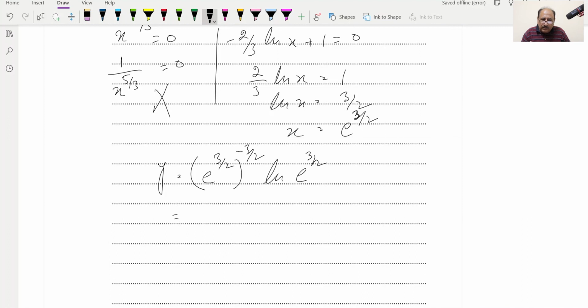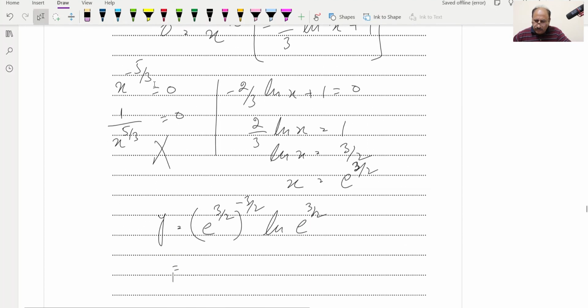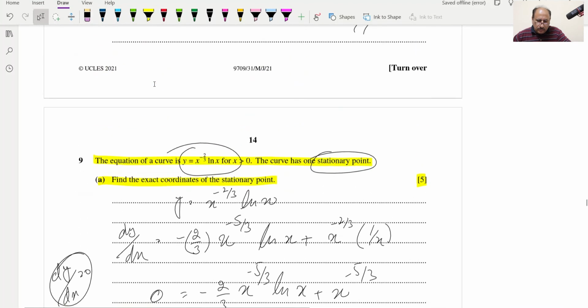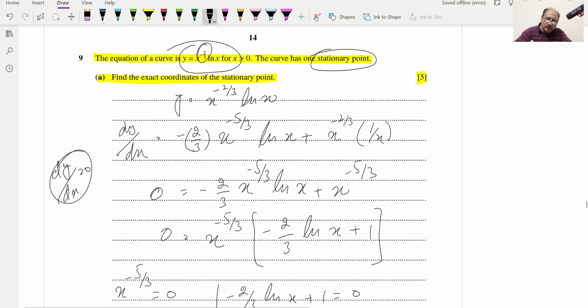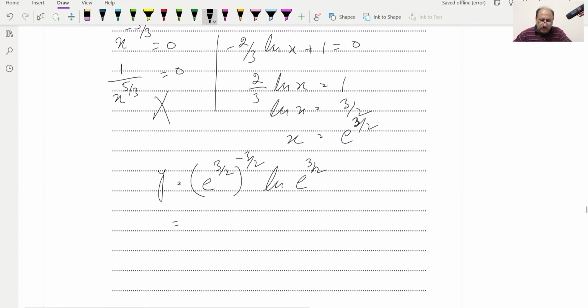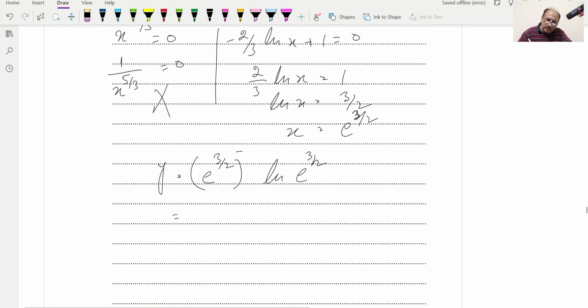Further we can cancel and rewrite this. We have 3 by 2, but this is minus 2 by 3 power over here, so we'll switch to 2 by 3, and we will cancel this and we'll get e raised to minus 1 into 3 by 2 log, and e will cancel, and we will get 3 over 2e.